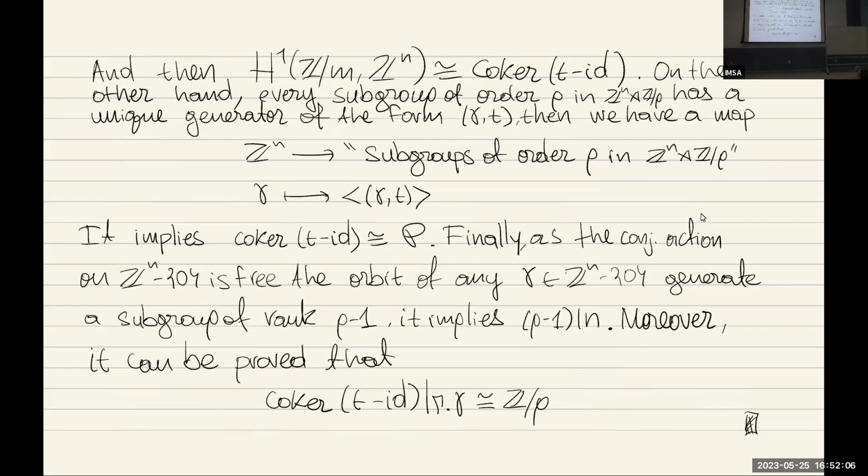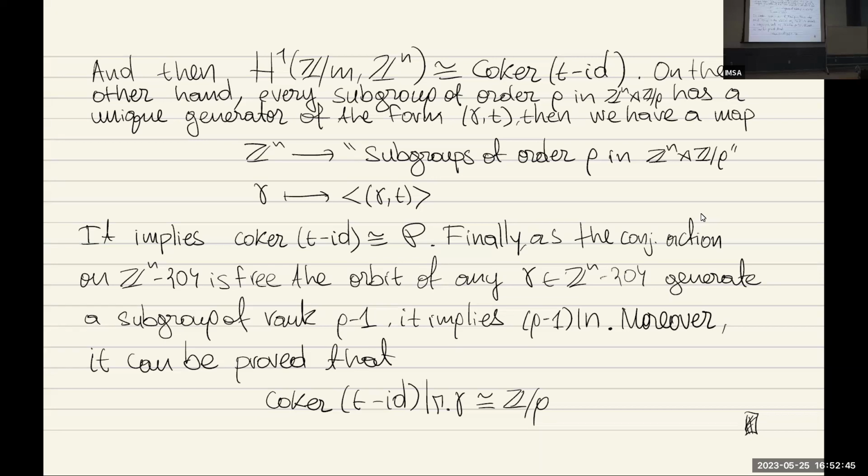Then we have a map between the group Z^n to the family of subgroups of order p in this group, just by taking gamma to the group generated by this pair gamma, T. It implies also that the cokernel of T minus the identity is isomorphic to this set T. Finally, as the conjugation action on this set is free, the orbit of any element generates a subgroup of rank p minus 1.